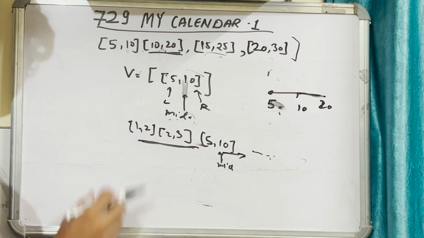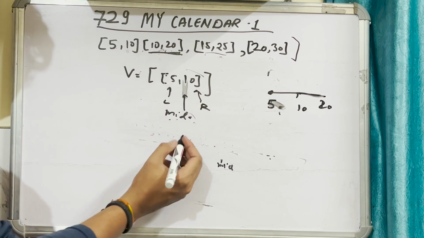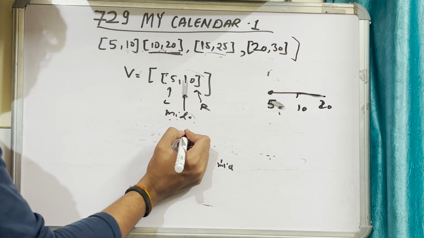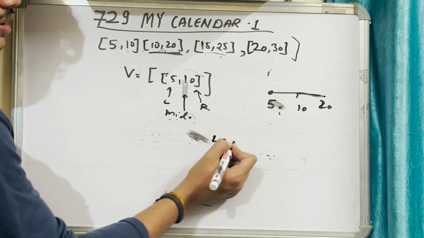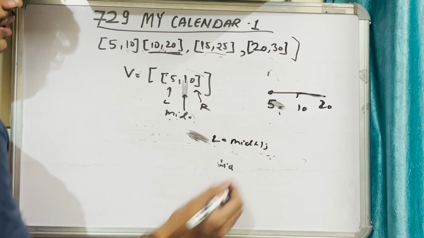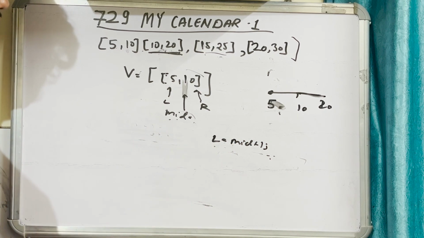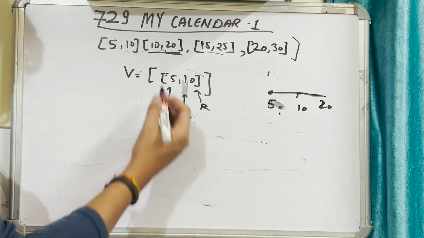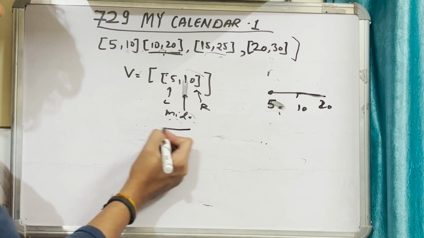So if the interval that you have is greater than the mid interval, you simply move right. So left will be mid plus 1. Simple as that. The other case can be that the interval that you are having is less than the mid, so you will move left.